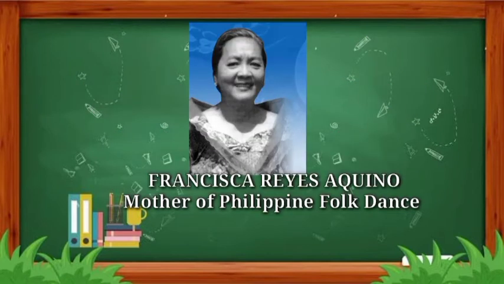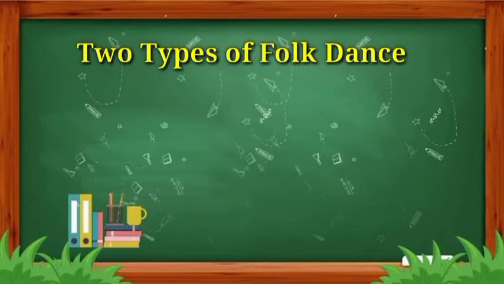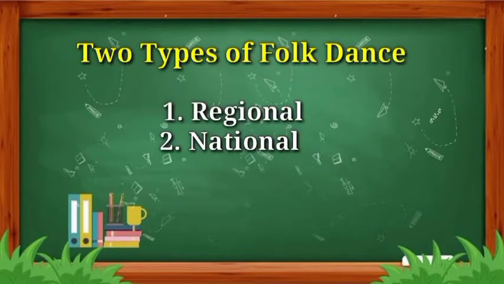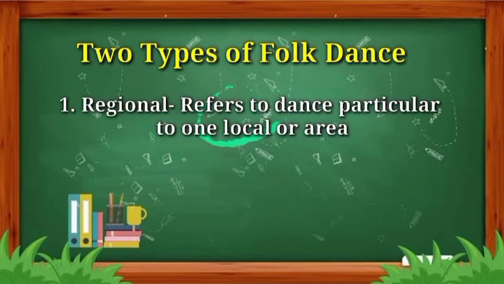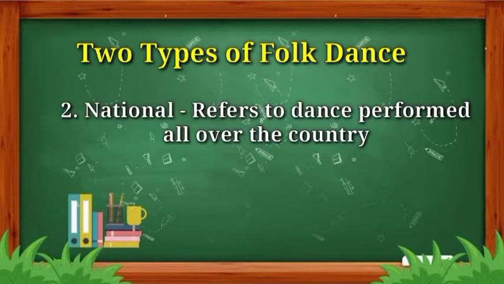Did you know that Francisca Reyes Aquino is the mother of Philippine folk dance? To continue the topic, there are two types of folk dance, regional and national. Regional refers to the dance particular to one local area, while national dance refers to the dance performed all over the world.